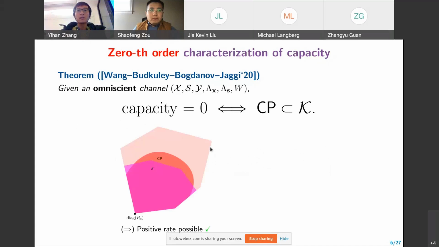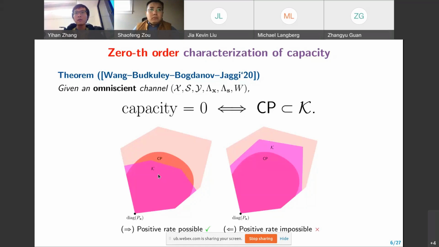So now the theorem says that if this is the ambient space, this pink thing, given any channel, I can compute K, which is a certain set of distributions. And I compare this K with CP, which is always there. If it turns out to be the case that CP is not a proper subset of K, then I claim positive rate is possible. Otherwise, if K happens to cover the whole CP, then this is the bad scenario.